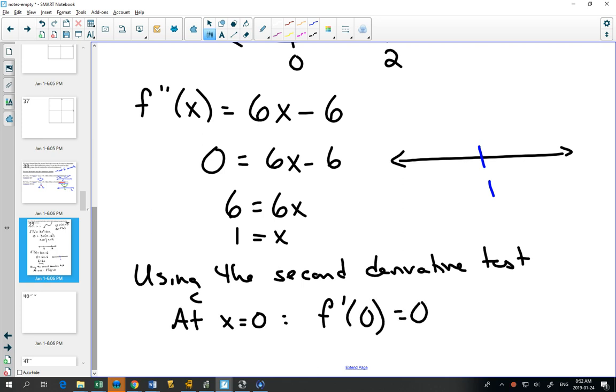We know the first derivative is equal to 0 at 0. What is the second derivative at 0? It's equal to negative 6.